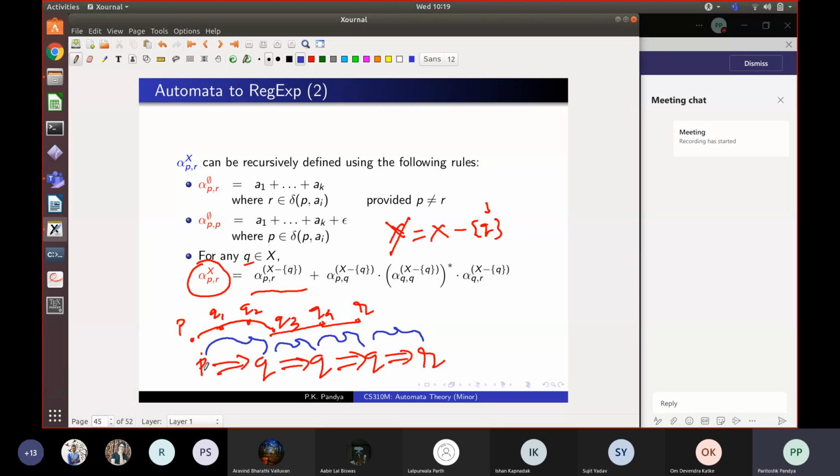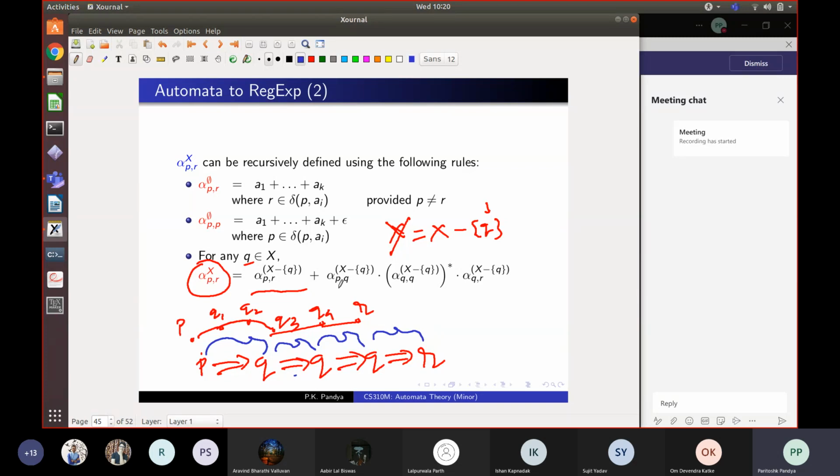So I move from P to q without visiting q as an intermediate state. That is, I have P to q without having q as an intermediate state. Then I go from q to q without visiting q as an intermediate state, and this thing I repeat several times by putting this star. And then I have this.